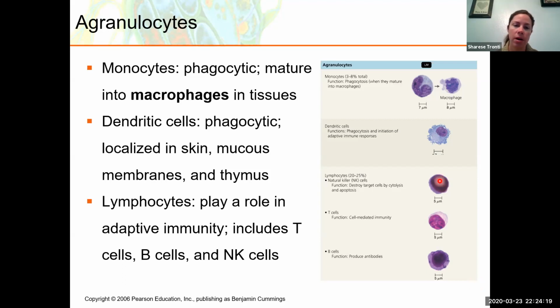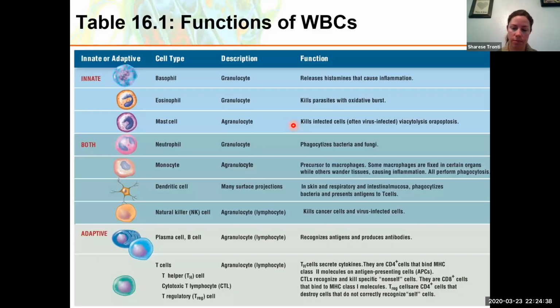But again, monocytes, macrophages, and dendritic cells, all phagocytic. And then lymphocytes include T cells and B cells, and they are part of the adaptive immunity. These three cells, neutrophils, monocytes, which are the precursors to macrophages, and dendritic cells are all phagocytic.